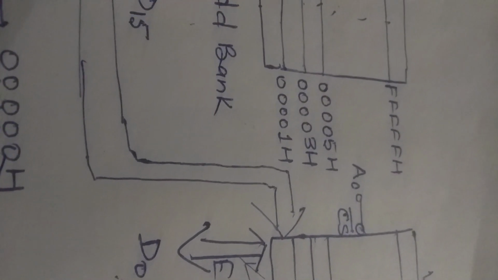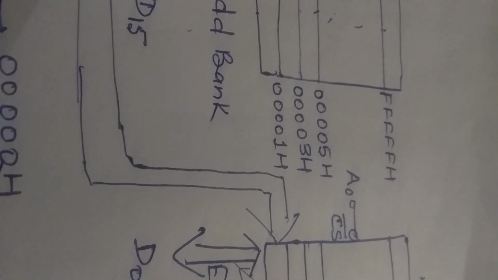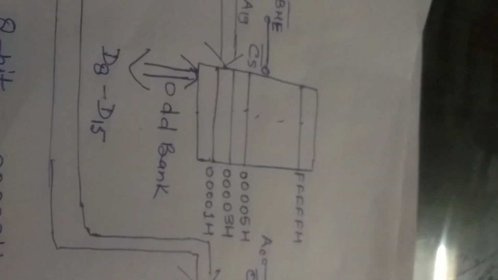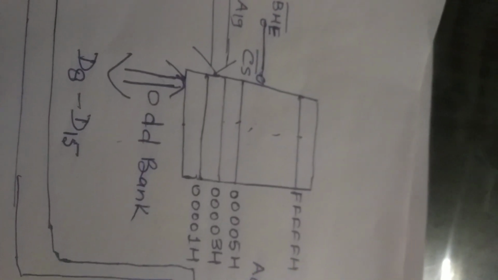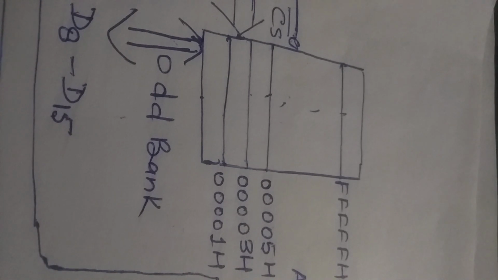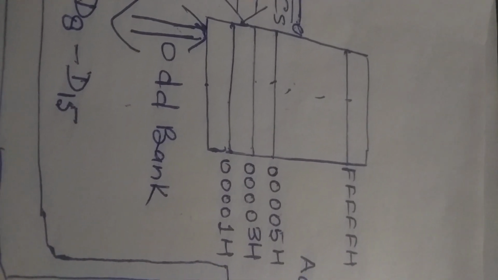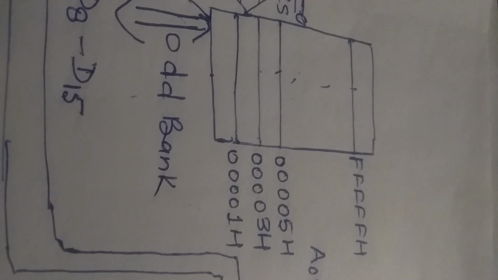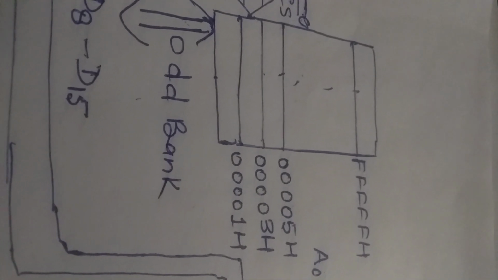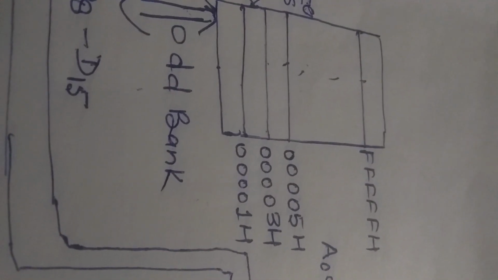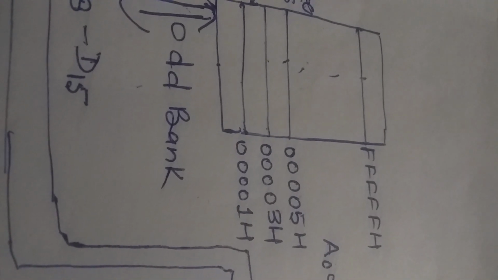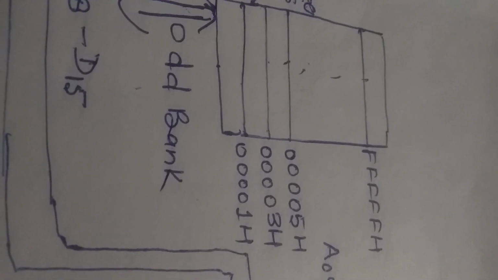Now, we will see the combination of values of A0 and BHE bar, which shows how the data transfer operation can be performed. This table will help us explain how 8-bit or 16-bit data can be read or written from this memory.